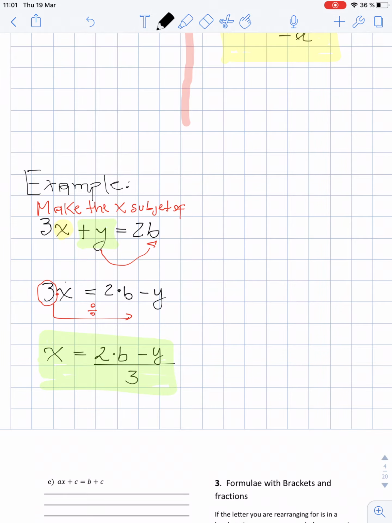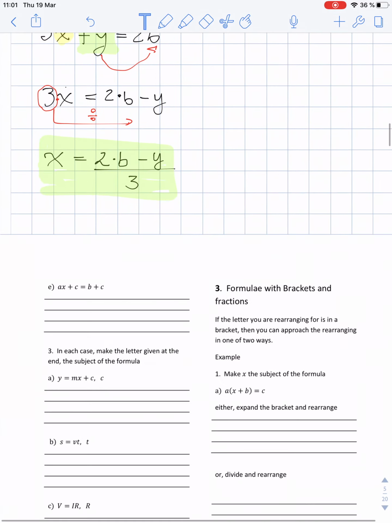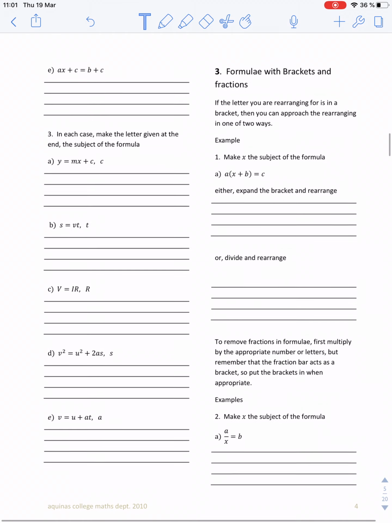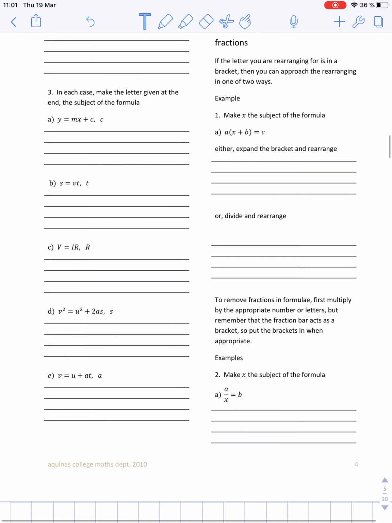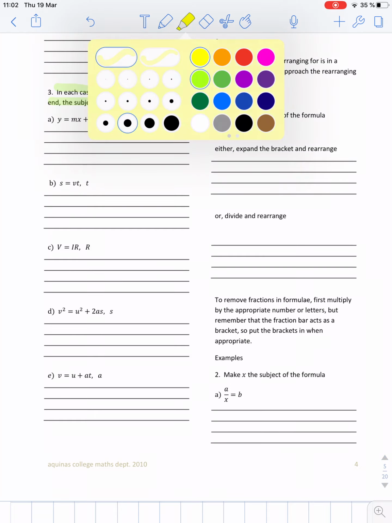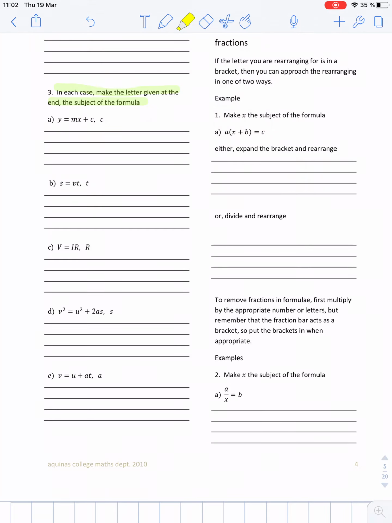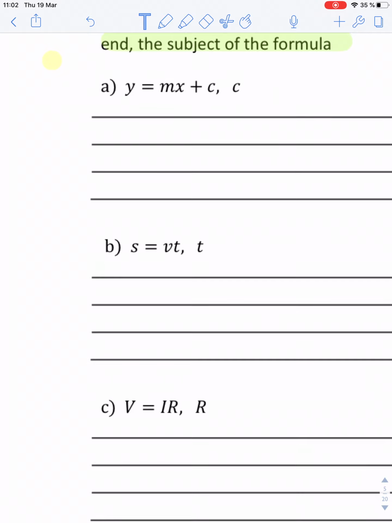Okay? Now, second point. In the third point, you need to, in each case, I am reading, in each case, make the letter given at the end the subject of the formula. That means, for example, if you see this expression, I'm going to zoom in the expression.